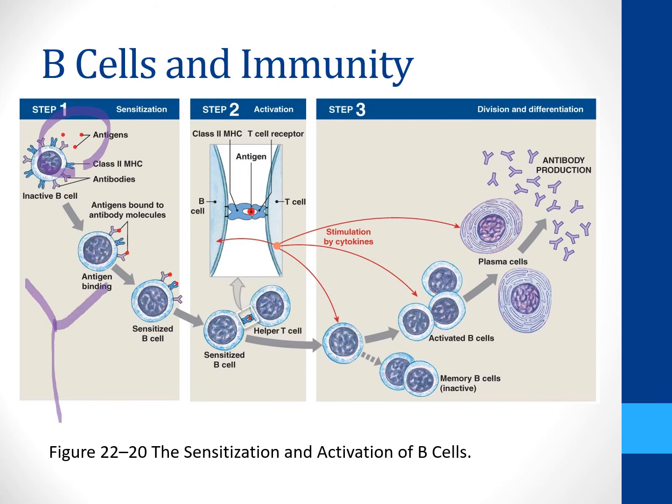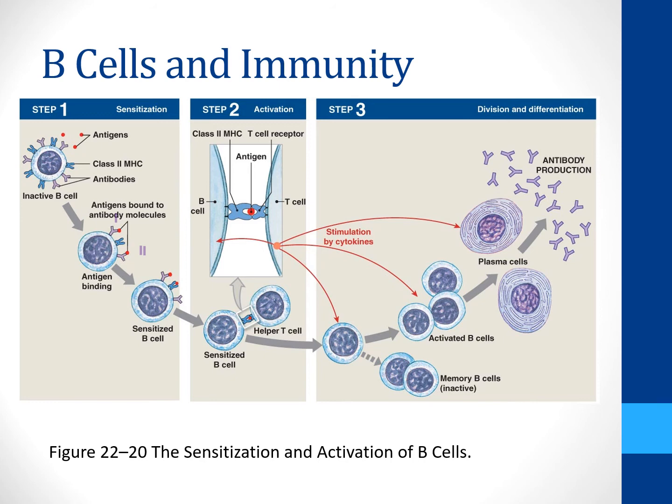You can see there are two antibodies, 1, 2 here, that are on the outside of that B cell, and they are both binding to these antigens. The antigens are taken into the B cell, and then they're presented in the MHC protein on the membrane of the B cell. So now the B cell is sensitized and it's presenting its antigen.